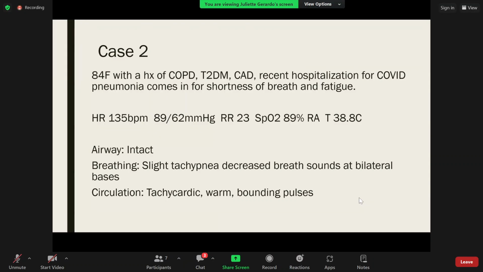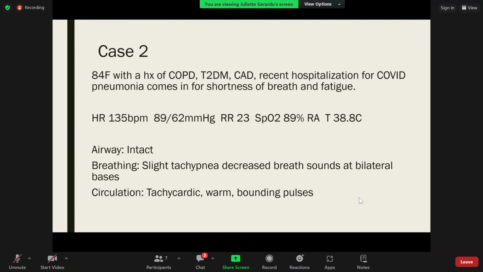So we're going to go on to a second case. We have an 84-year-old female. She has a history of COPD. She also has type 2 diabetes. She has coronary artery disease, and she was recently hospitalized for COVID pneumonia. She is coming in with shortness of breath and fatigue. She was just discharged less than a week ago. She is fairly tachycardic, beating 135 times a minute. She is hypotensive at 89/62.